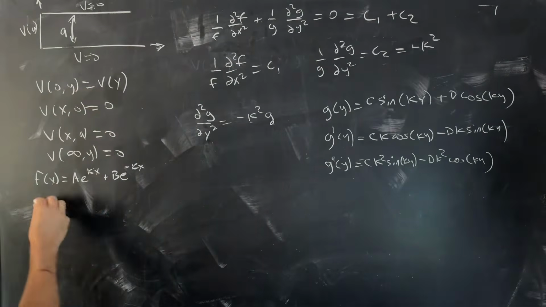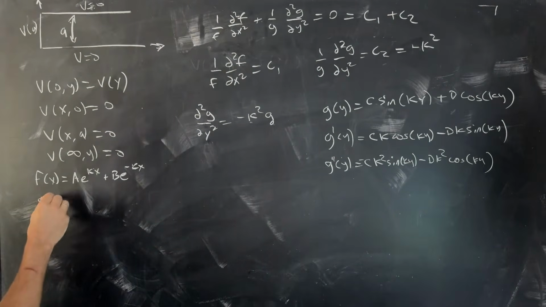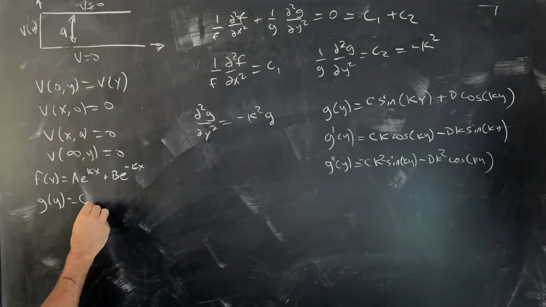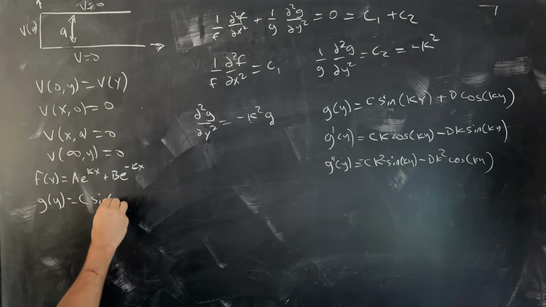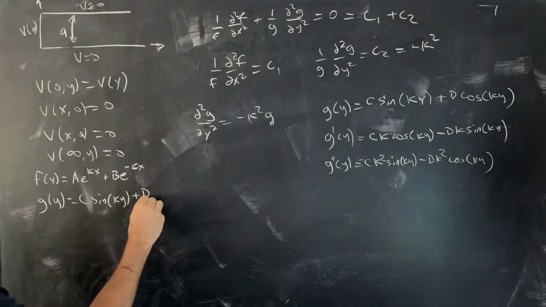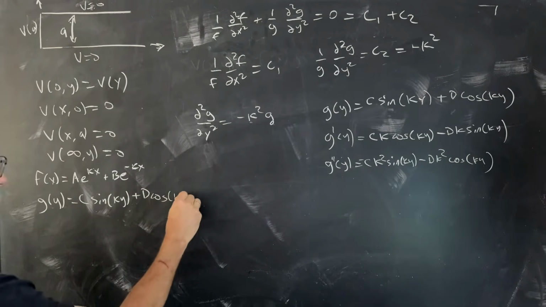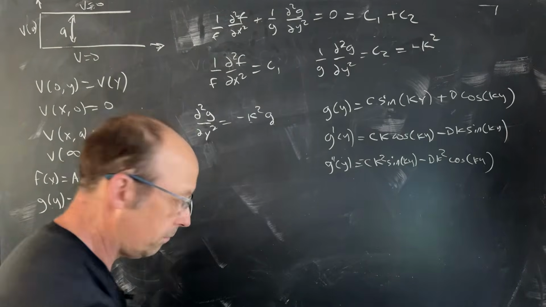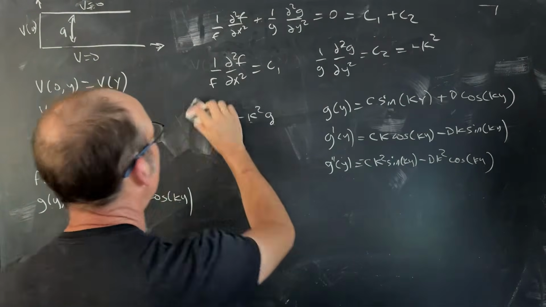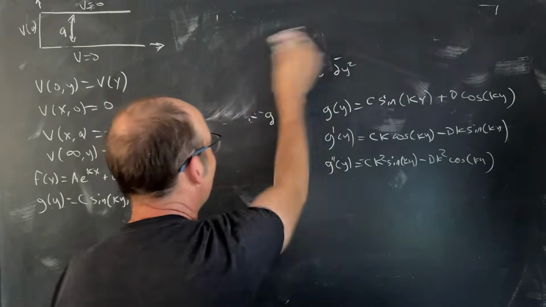Okay, so let's put that over here just for completeness. G of y is going to be equal to c sine ky plus d cosine ky. Oh, we're not done. No. We got a lot to do.